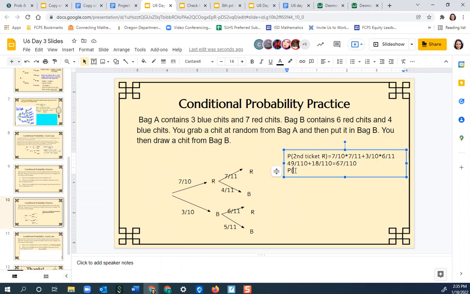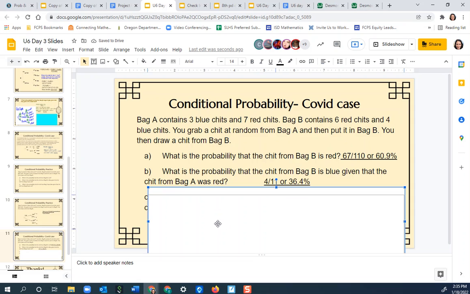Okay, so I'm going to use a little b for bag B. All right, this is one where you don't need the formula because if I know that A is red here, then I can see the probability that B is blue. It's right here. So you don't need the formula. You can do the formula and it will work and you will get the same answer, but you should get 4 out of 11 for that one. Yep, and that's what they got.